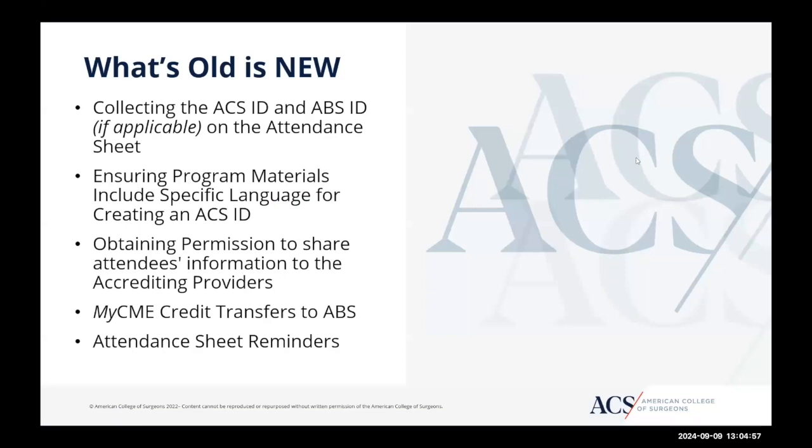Good afternoon, everyone. Today, we're going to talk about what's old is new. So the importance of collecting ACS ID numbers along with the ABS ID for your activity. For attendees who have their transcripts here at the ACS, it's important to collect the ACS ID number along with the ABS ID number, simply because without the ACS ID, when you submit your attendance sheets, we're unable to upload their CME data into their account because we don't have that information.